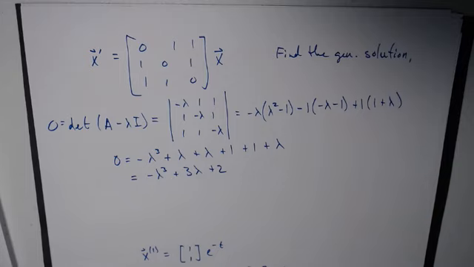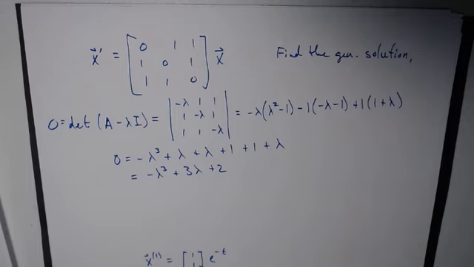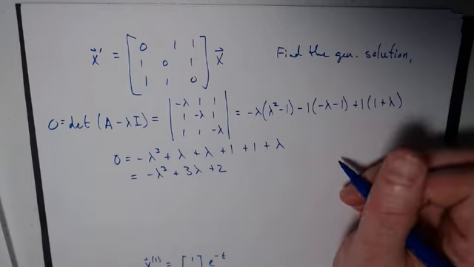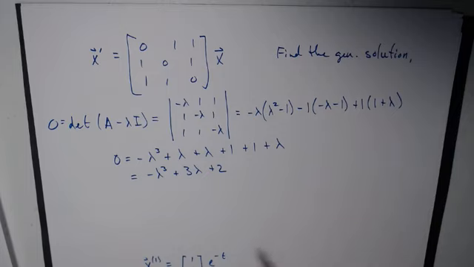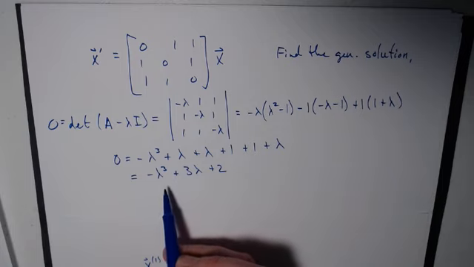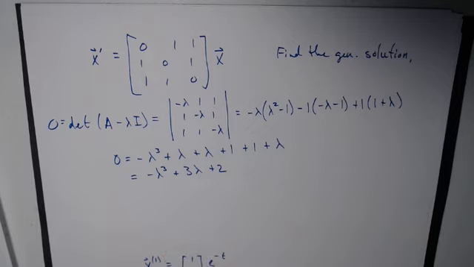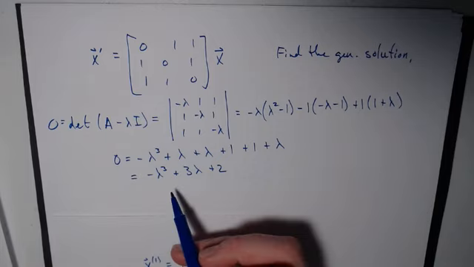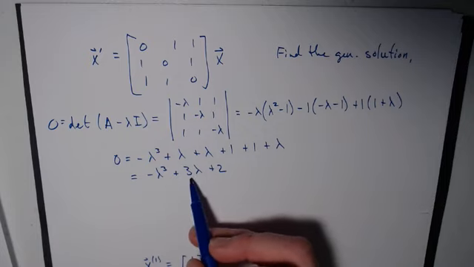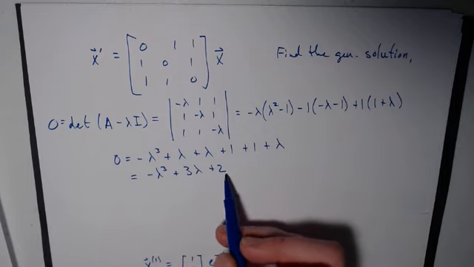And we could go through and solve this a number of ways. I'm actually going to skip that. The way that I would solve this is I would guess a solution. I would notice that if I plug in a 2 here, then I get negative 8, and then positive 6 and positive 2.